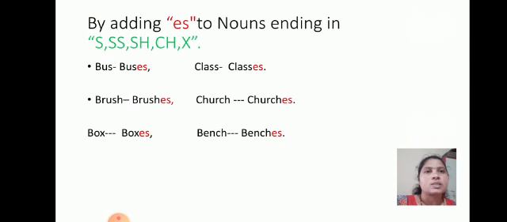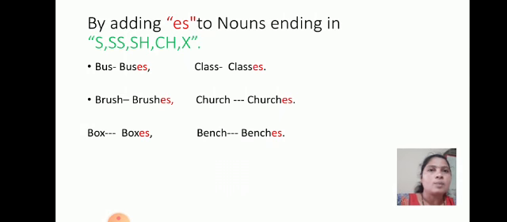Now let's move to the second rule. By adding es to nouns ending in s, double s, sh, ch or x. Now there are many words in English which end with s, double s, sh, ch or x.